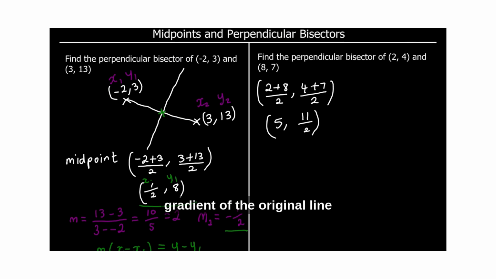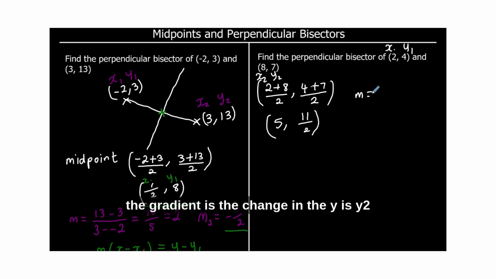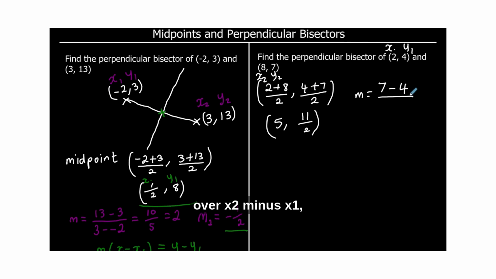The gradient of the original line, x1, y1, x2, y2. So the gradient is the change in the y's, y2 minus y1, 7 take away 4, over x2 minus x1, 8 minus 2.